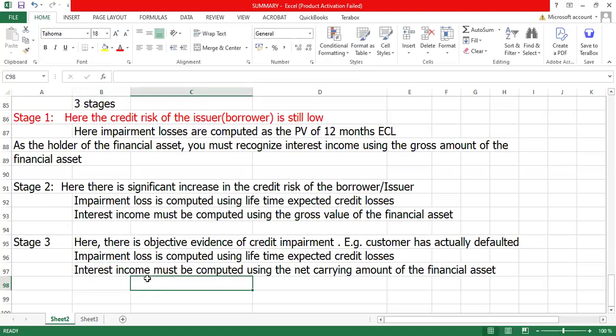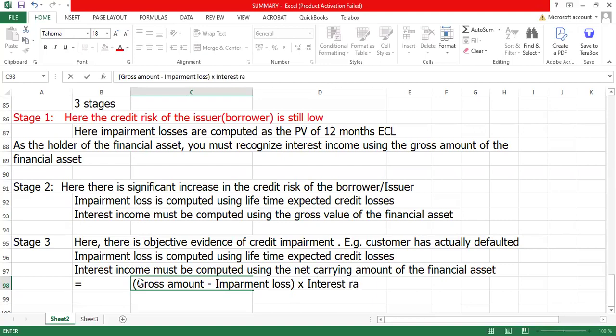As you get your interest income, it will be the gross amount, then you subtract the impairment loss, then multiply by the interest rate.